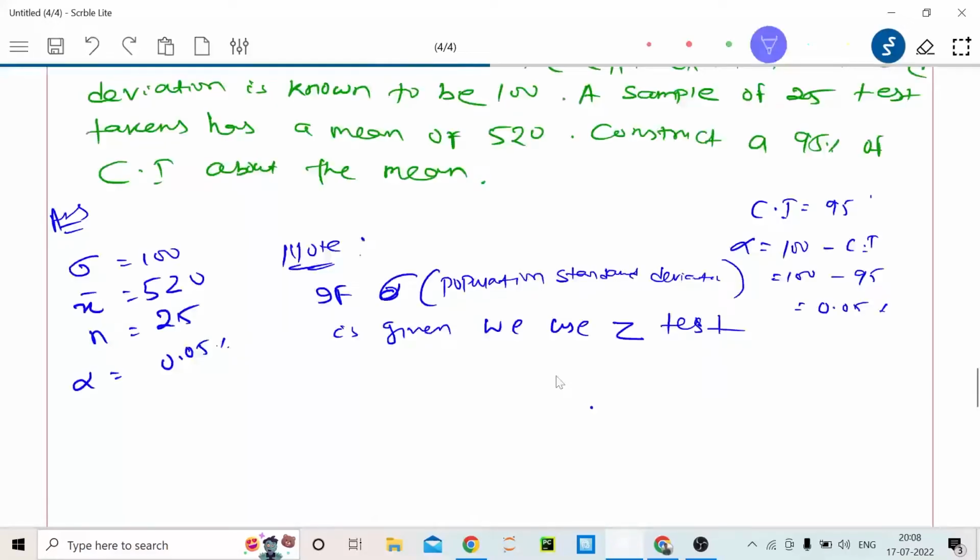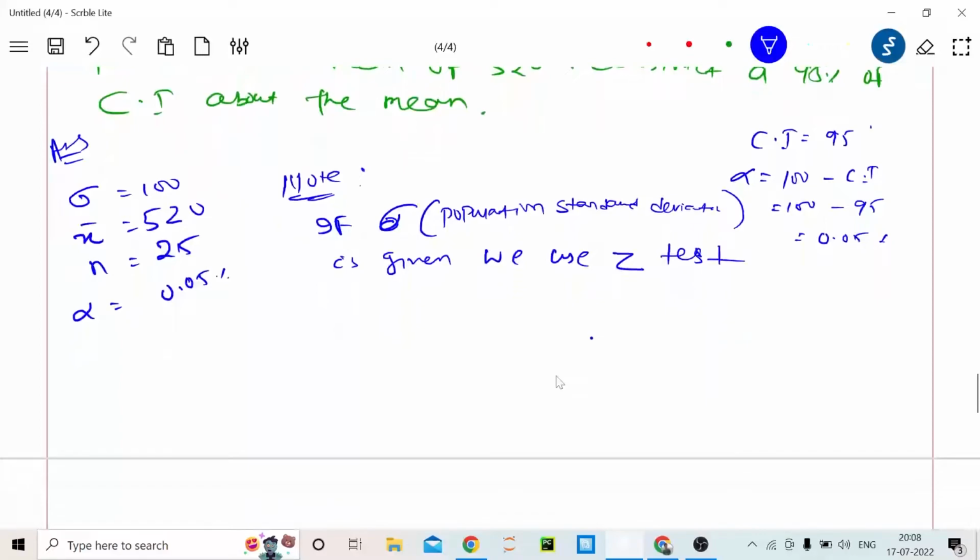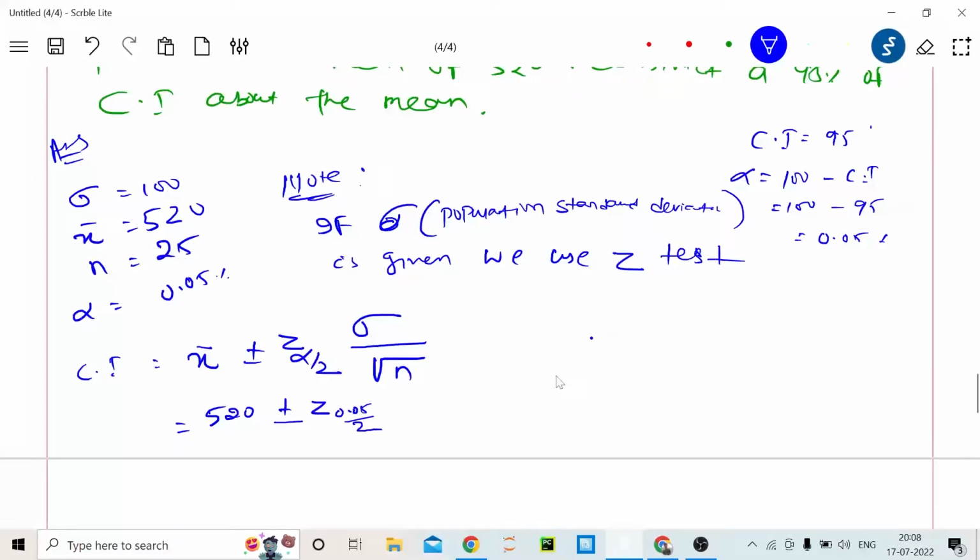In this case, our confidence interval formula is x bar plus minus z alpha by 2 times standard deviation by root n. Our x bar is 520 plus minus z alpha by 2, and z alpha by 2 means z 0.05 by 2, times 100 over root of 25.